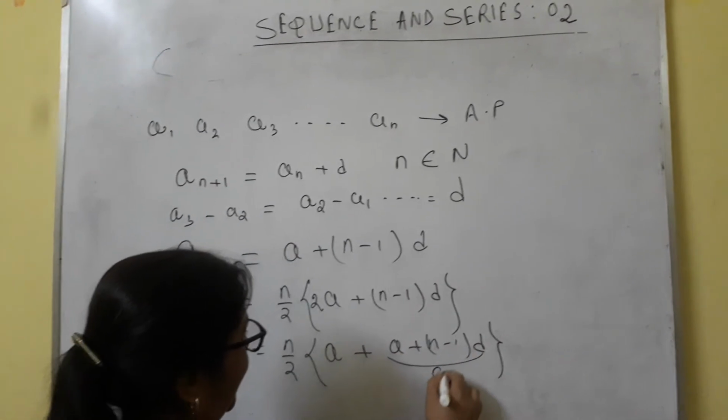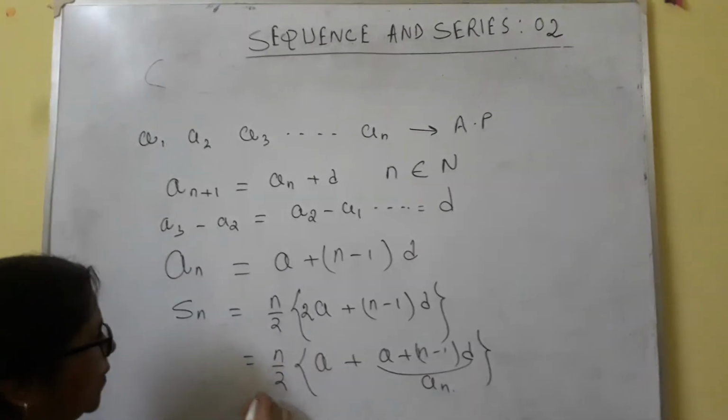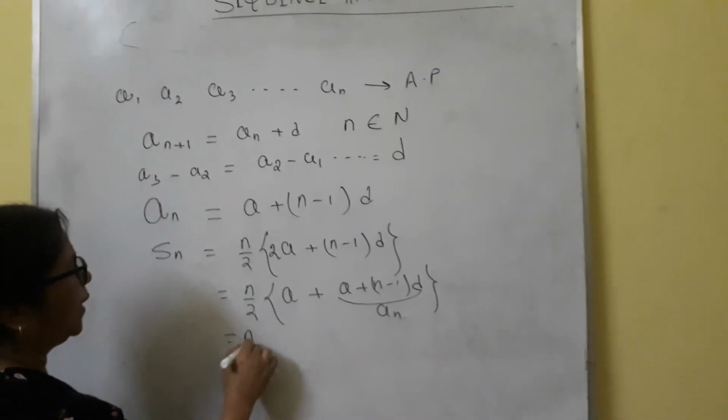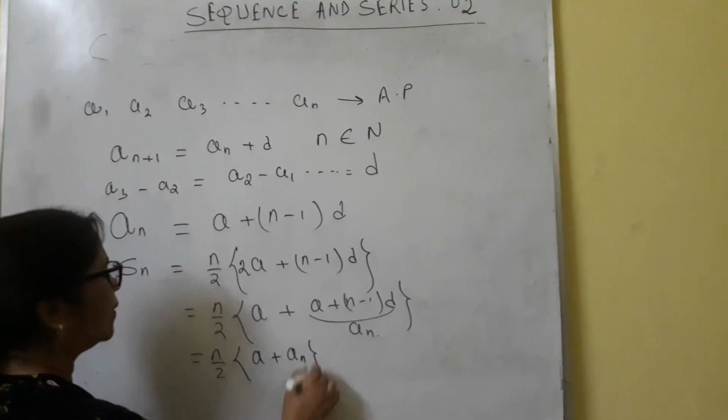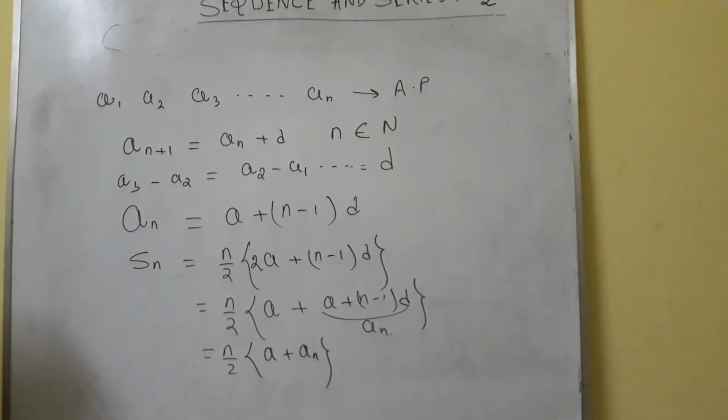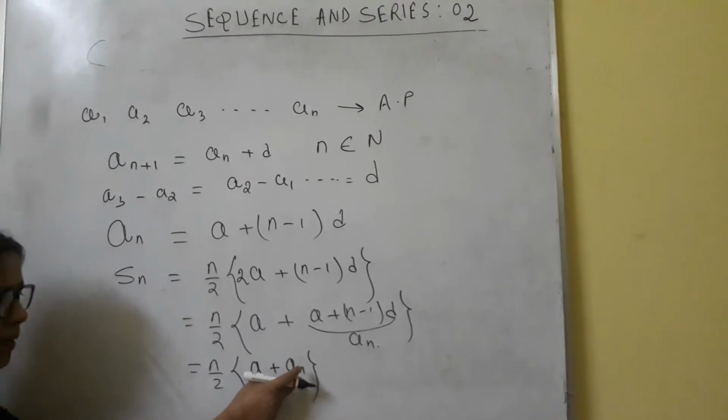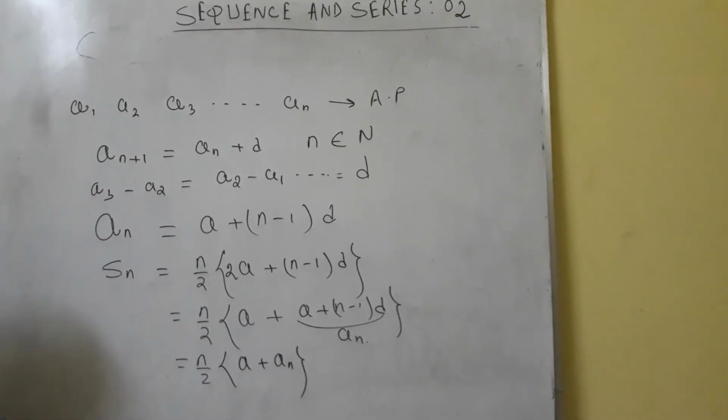This is n by 2 into (A plus AN), because AN is A plus (n minus 1)D. That means the sum of the first term and the last term, into n by 2.